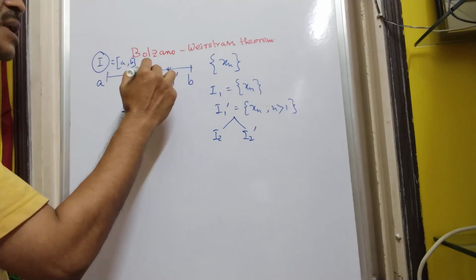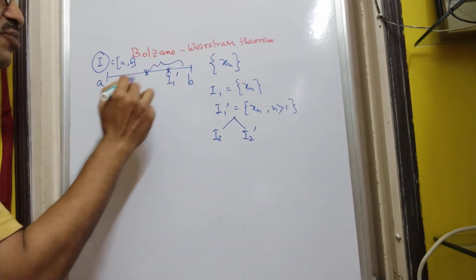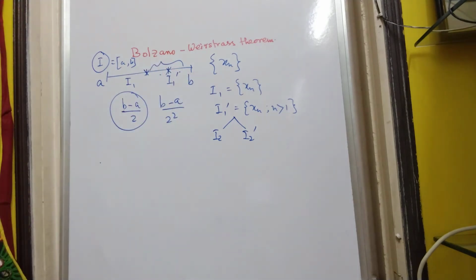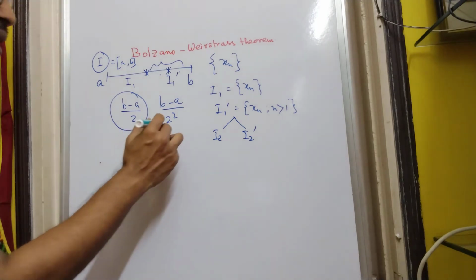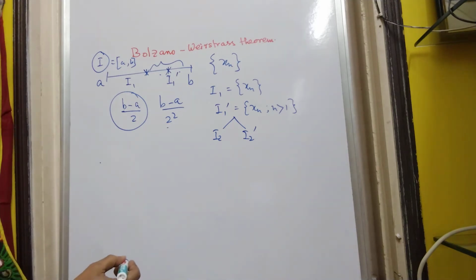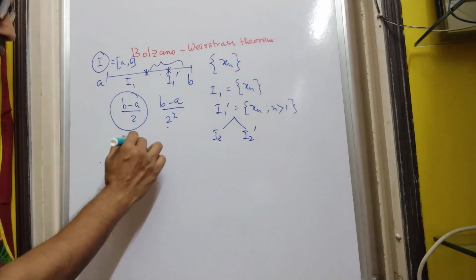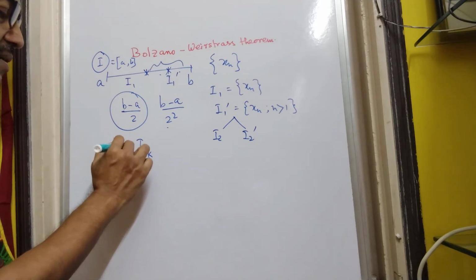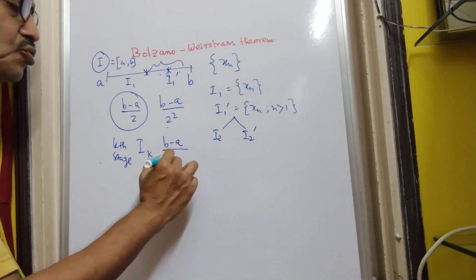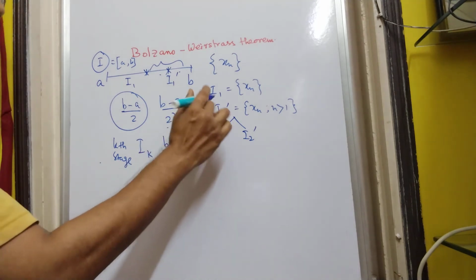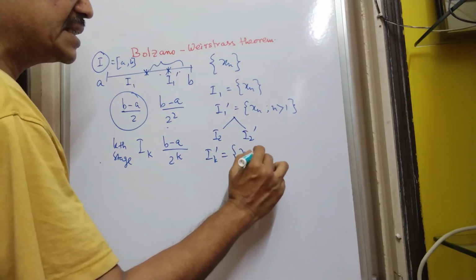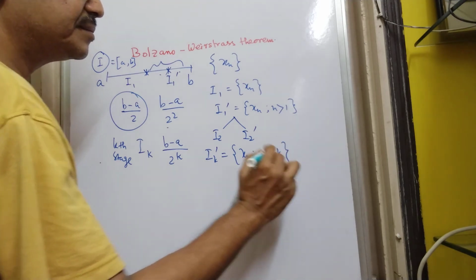So this interval of length b minus a by 2 is again divided, resulting in two different intervals each of length b minus a by 2 square, and we move on with this process to reach at the kth stage the interval Ik of length b minus a by 2 to the power k, which contains infinite elements of xn such that n is greater than or equal to k.